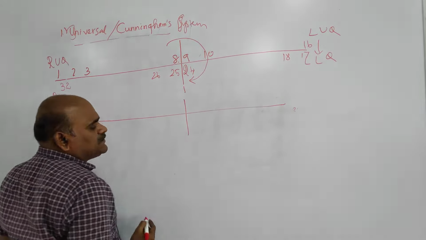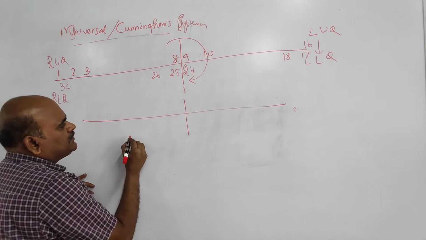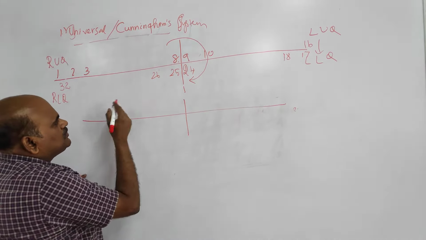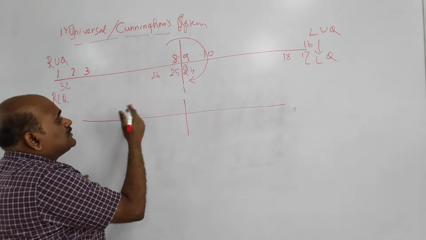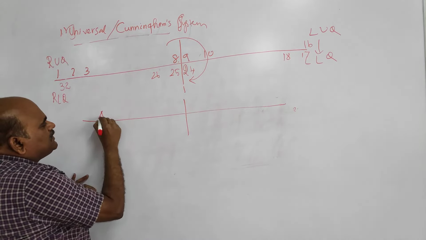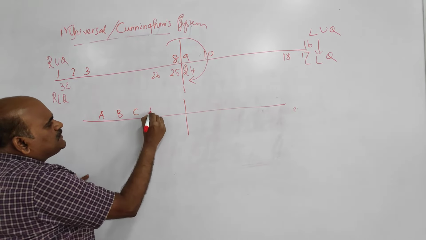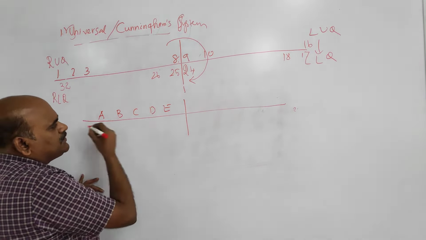For temporary teeth, which are 20 in number, to differentiate from the numerals 1 to 32, we are giving English alphabets A, B, C, D, E, starting from the right upper quadrant.